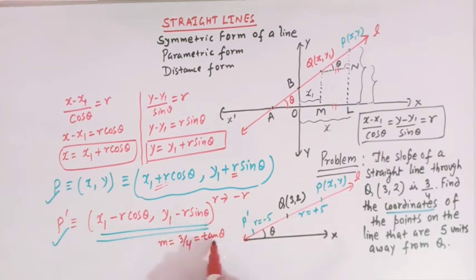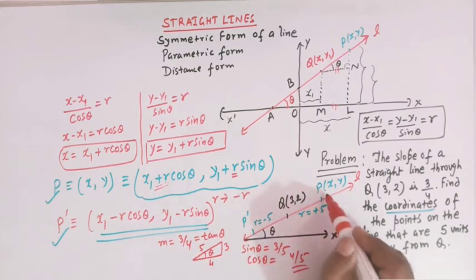So from here we can directly find out the values of sin theta and cosine theta by simply taking a triangle. So here we have theta, and tangent theta is 3/4. So here we have 3, here we have 4, and by Pythagoras theorem we can find out this hypotenuse as 5, right? So now the value of sin theta is 3/5, and cosine theta is 4/5, right?